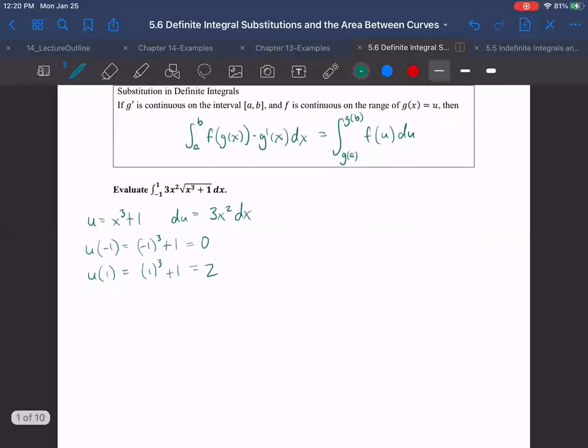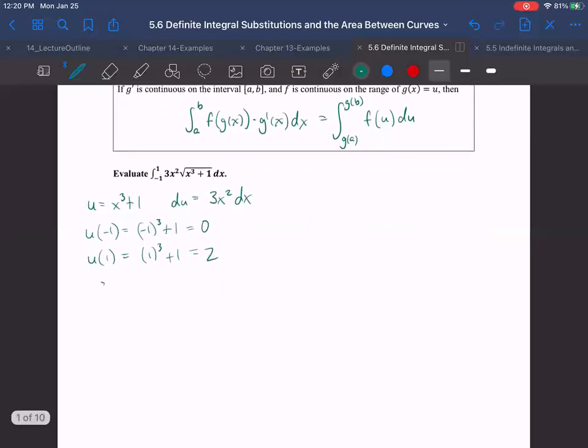So then our integral is going to become the integral from 0 to 2, right? Here, the 3x squareds are going to cancel out, right? So I don't need to write them still, do I? Does anybody want me to? It's fine if you do. So the 3x squareds are going to cancel out, and I will just have the square root of u, which is just u to the 1/2 du.